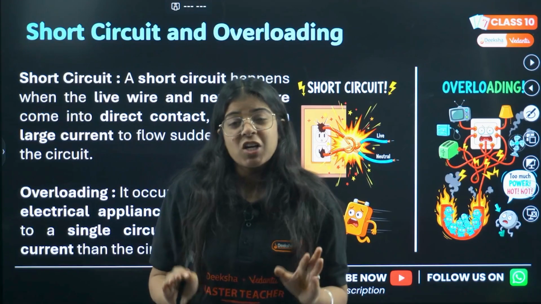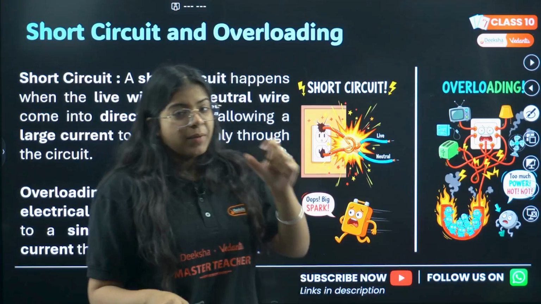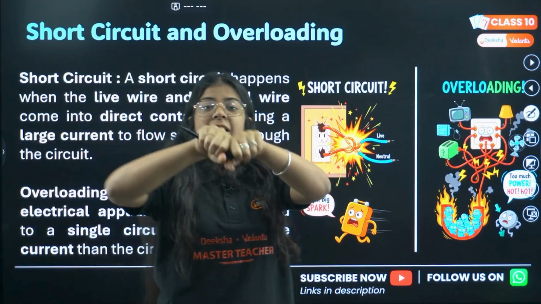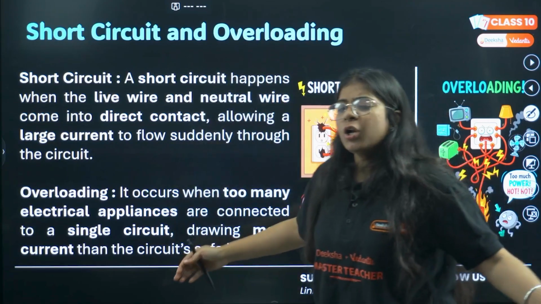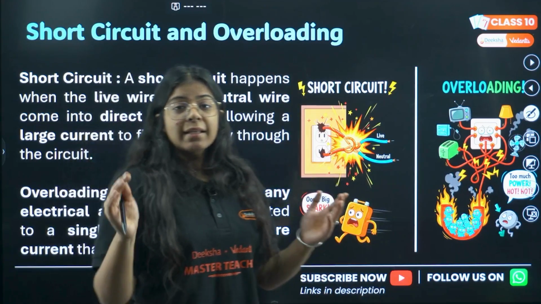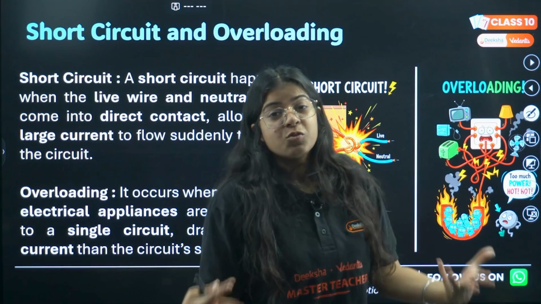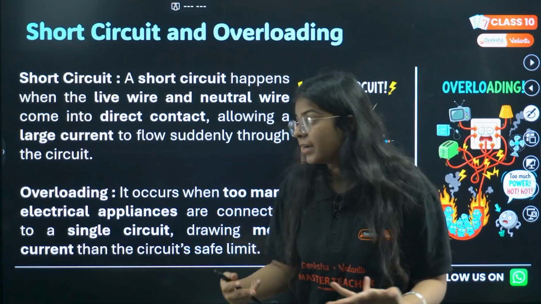But if by chance they get connected together without any resistance, my neutral wire and my live wire get connected to each other directly, then what will happen? A lot of current will flow in that circuit. It will cause sparking, it will cause heating, it can even result in a fire hazard.